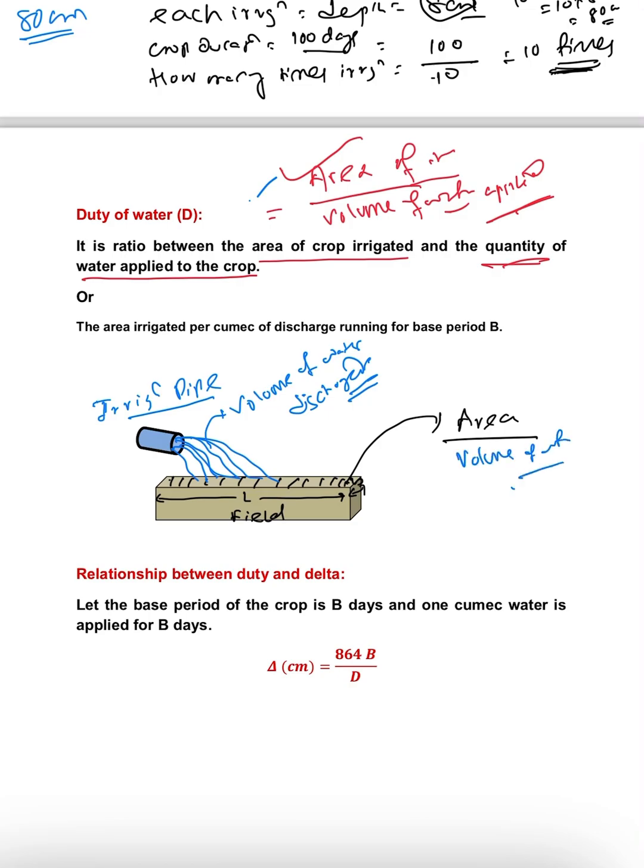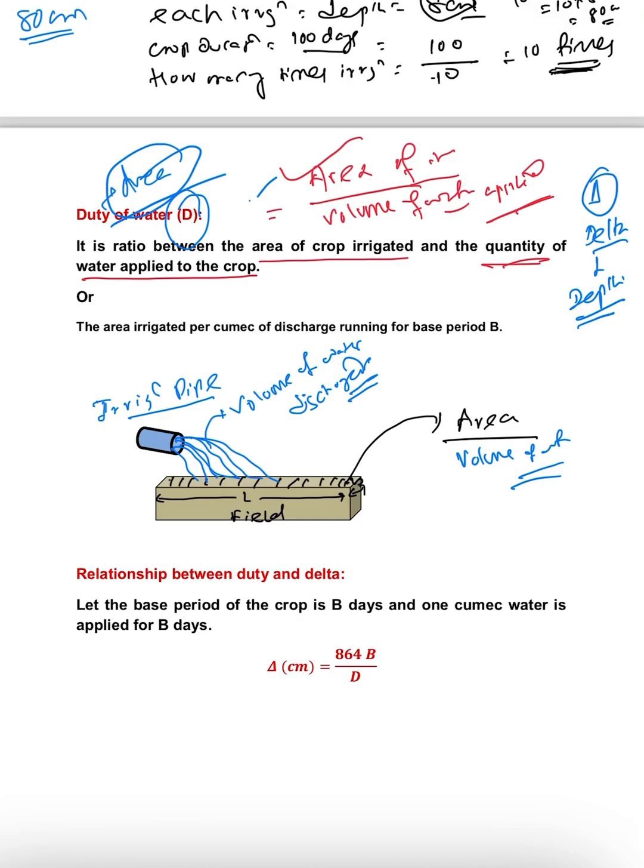Now if we see duty, it is expressed in D, just as delta is expressed. This delta means depth of water, but duty means the area to be irrigated.